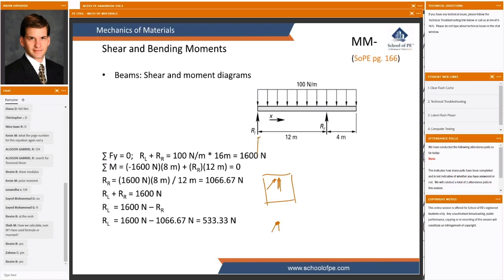So if this is a 2x4, then we're supporting it across 1.5 inches. If it's a 4x4, we're supporting it across 3.5 inches. If it's a 6-inch I-beam, we're supporting it across 6 inches. And if it's the head of a nail, we're supporting it across maybe a 50th of an inch. But when we use this construct of a point load, that's a theoretical thing that doesn't actually exist. There's no such thing as a point load.